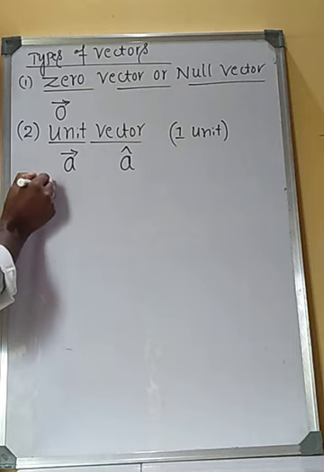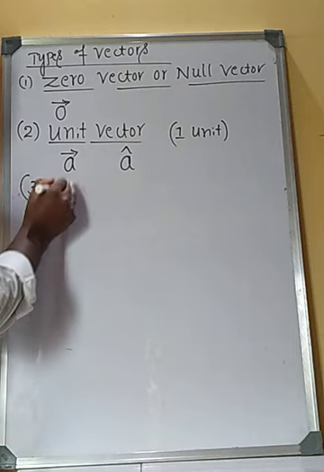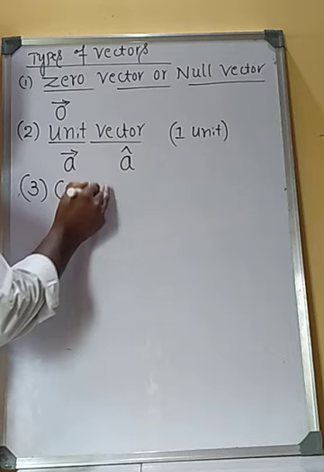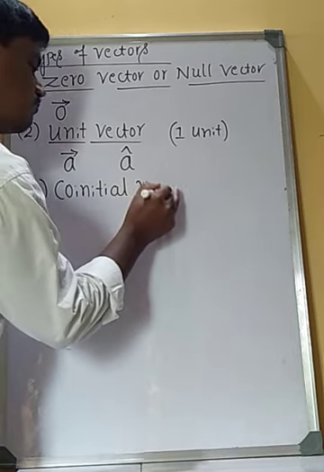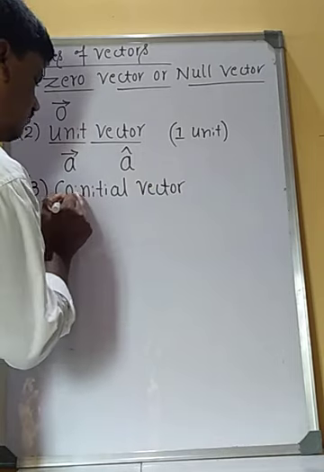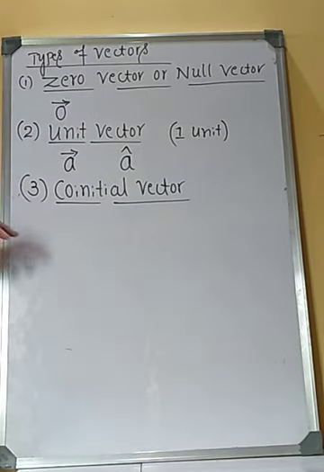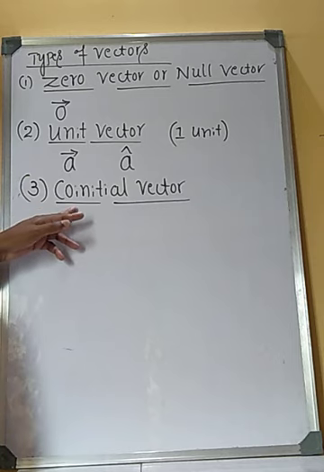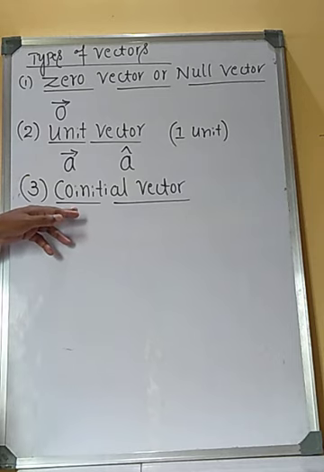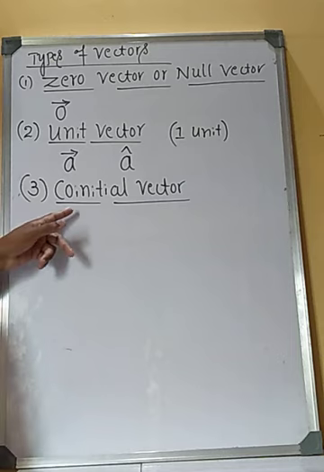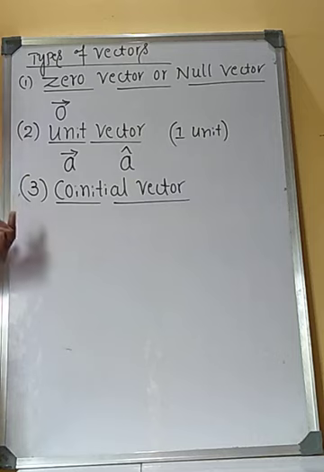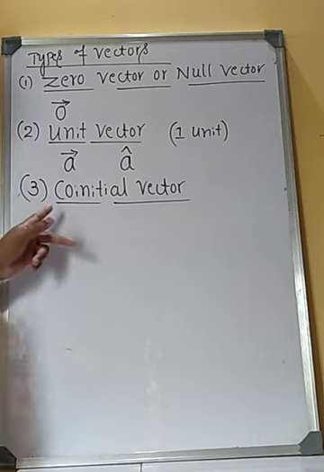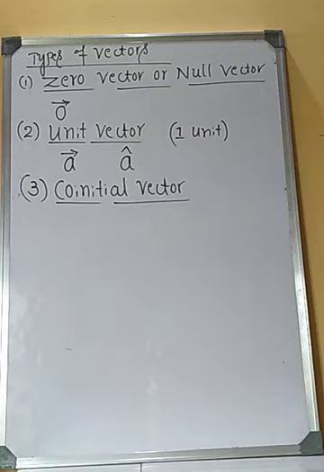The next, third one, co-initial vectors. Two or more vectors having the same initial point are called co-initial vectors.